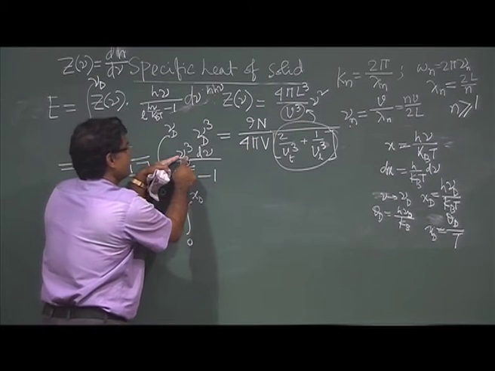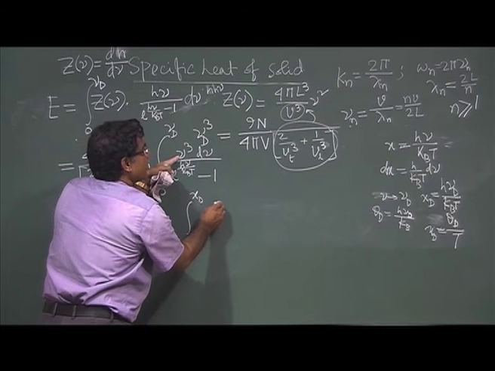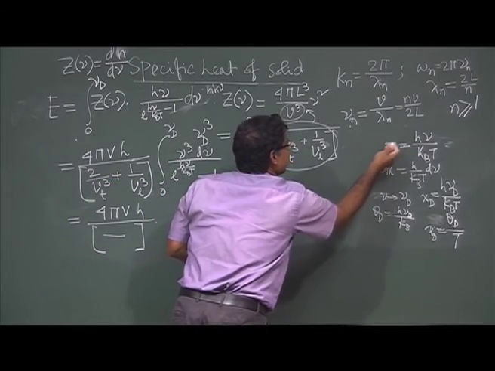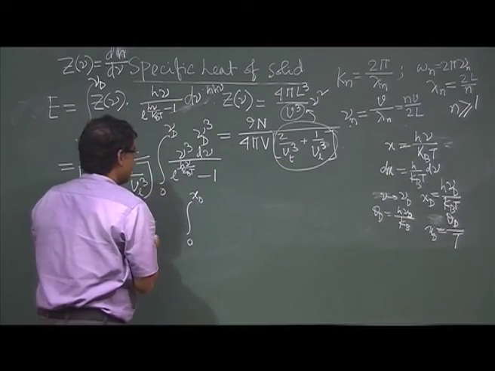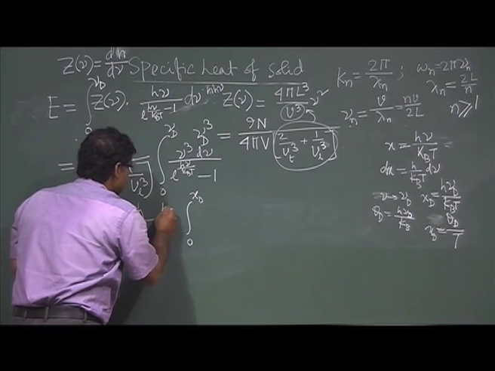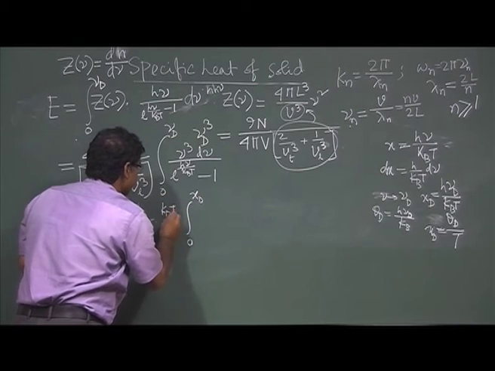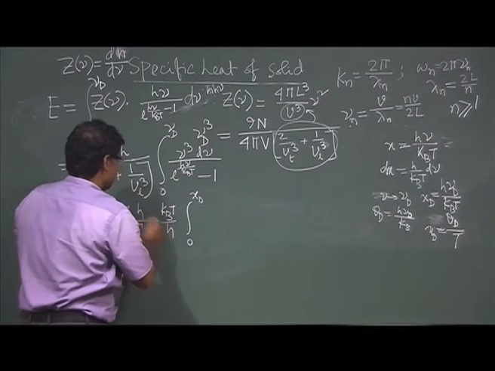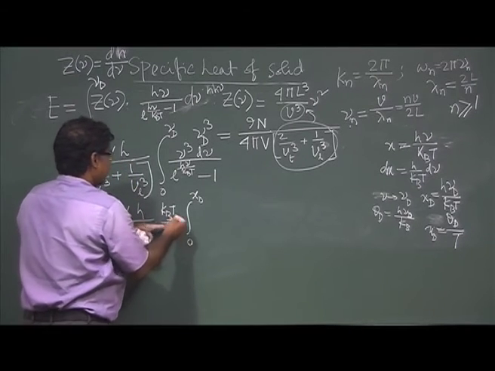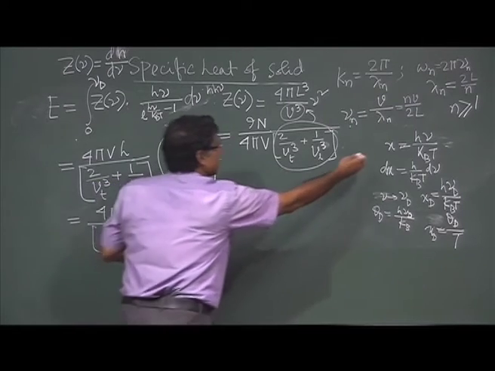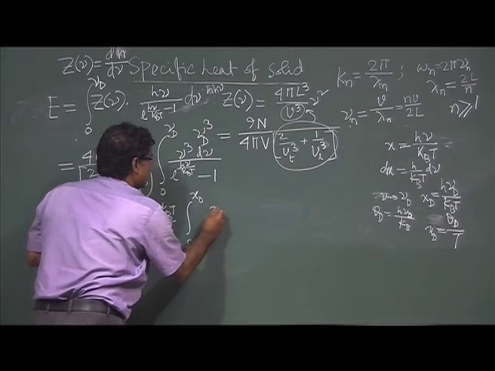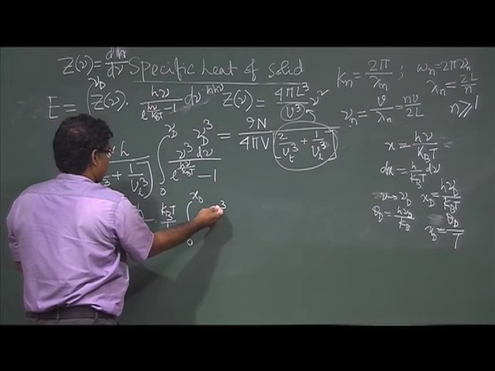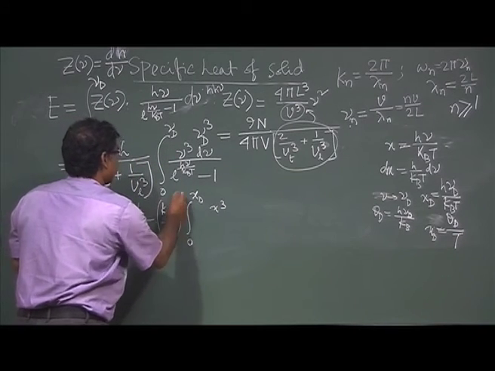So nu cube means I am getting k_B T by h into x, cubed, so x cube, and this will be cube.